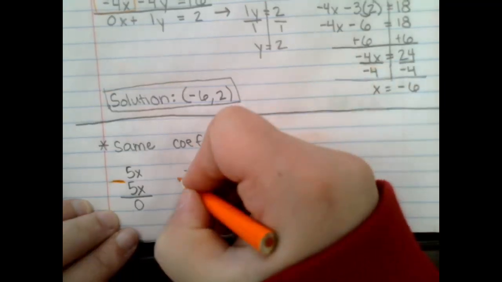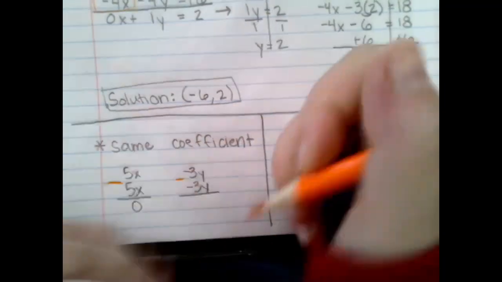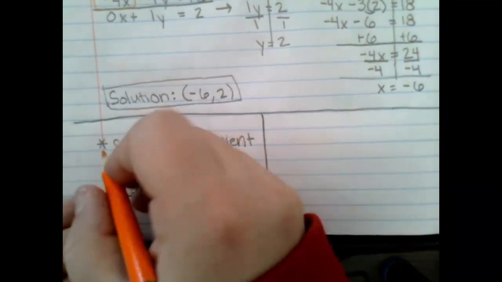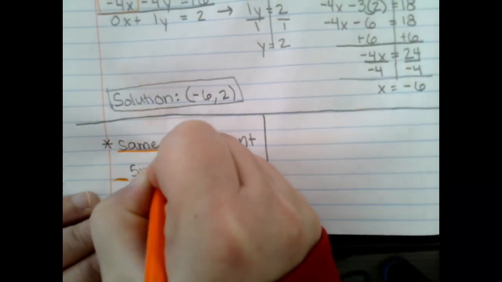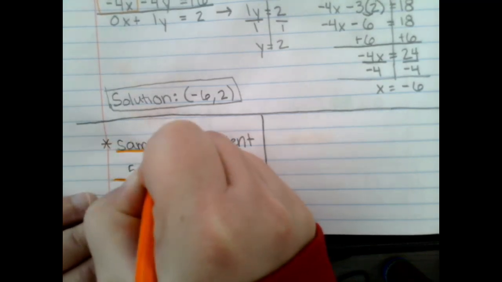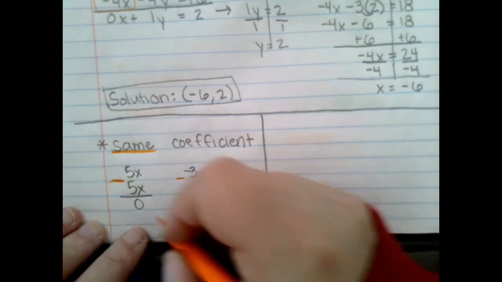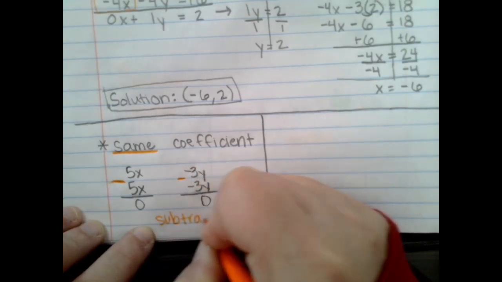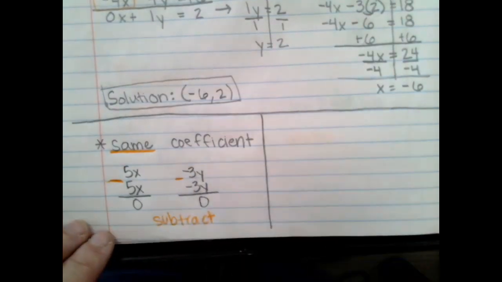We still subtract. So that's the part that can be really confusing. When they're the same coefficient, that tells us to subtract. When they're completely matching, we subtract. Write this down.